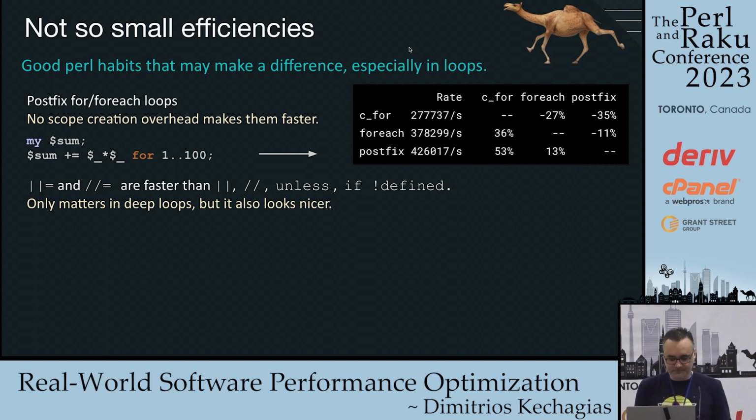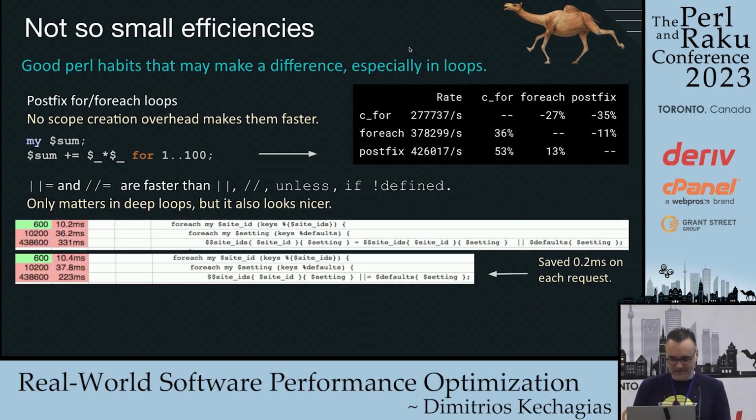And these are very tiny normally: the or equal and the if defined equal. They're faster than checking for if defined or if exists, and they look nicer. I mention them because this was actually in my first year at Spareroom.